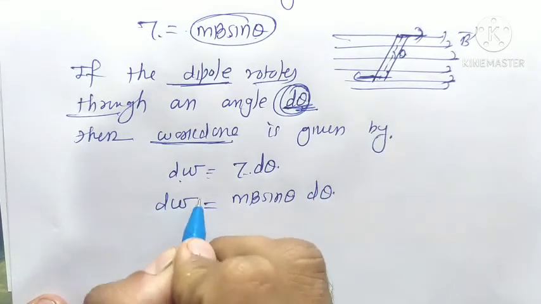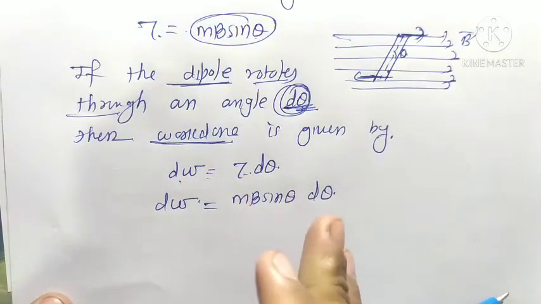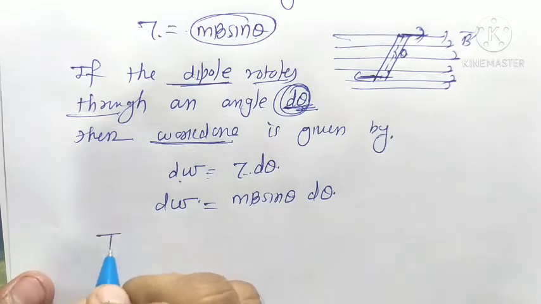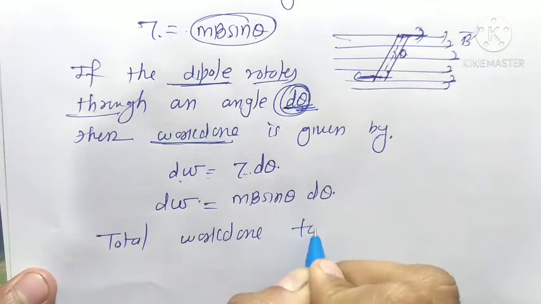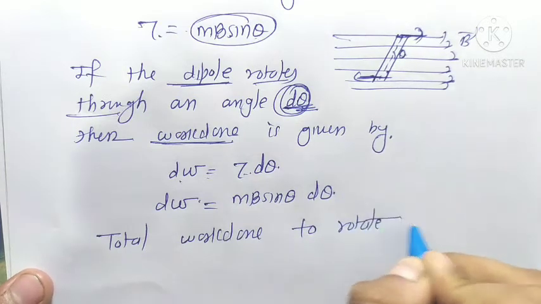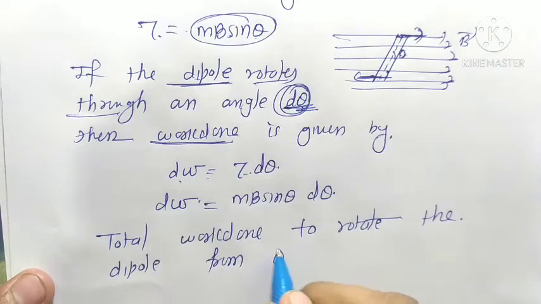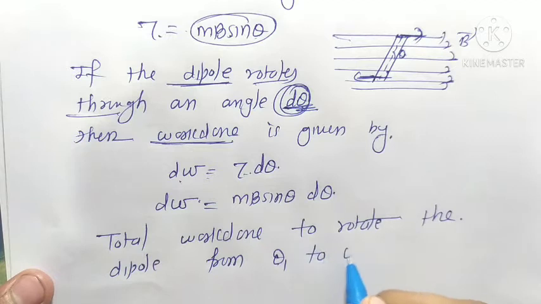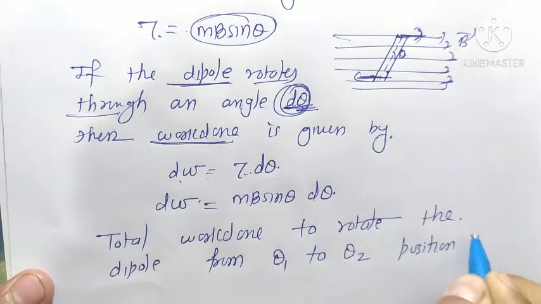Now we have to find the total work done to rotate the dipole from some lower limit angle theta 1 to theta 2.